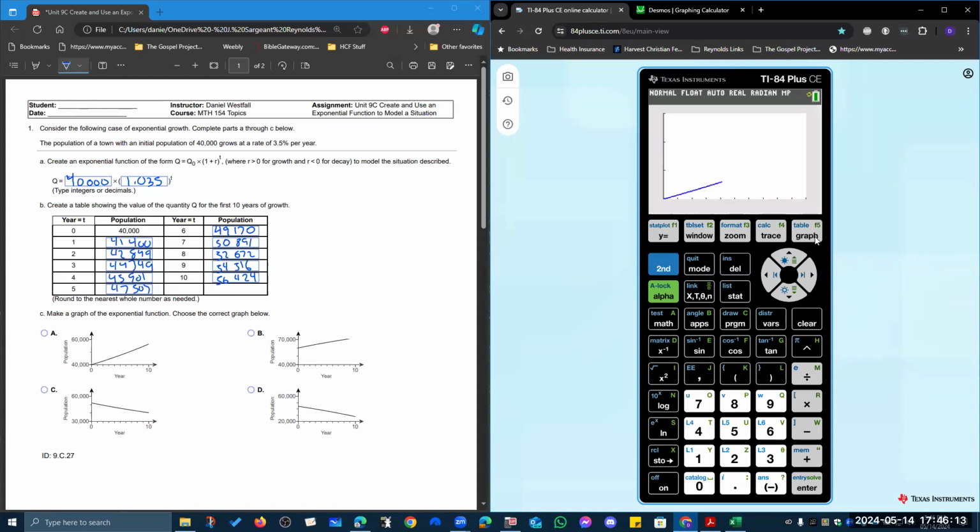So let's graph that and see that it looks like that.